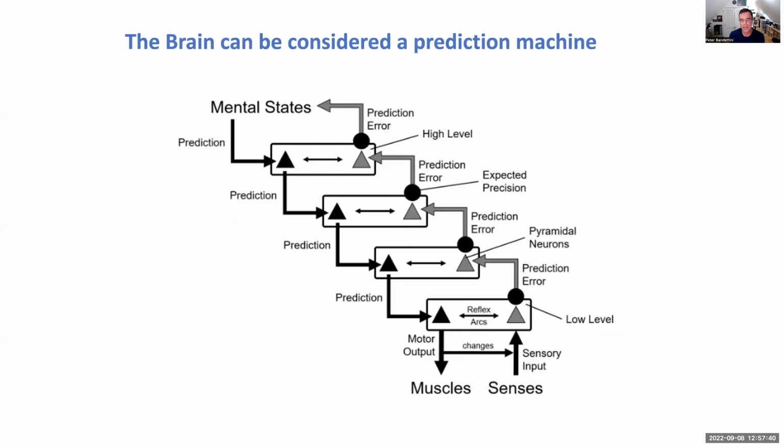So why is layer fMRI important? I believe that it is because at least emerging models of the brain suggest that it's essentially a prediction machine. And how does it do this?